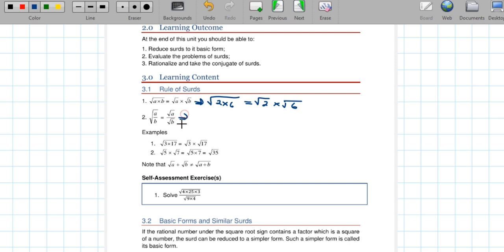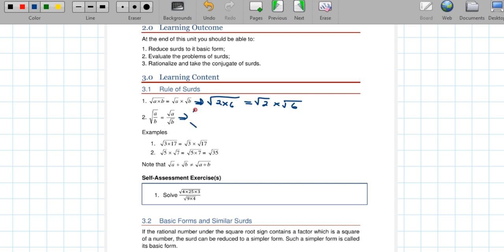Similar to the multiplication rule, the division rule states that if you have a division of two numbers and you take their square root, this is the same thing as taking the square root of the numerator and dividing it by the square root of the denominator.